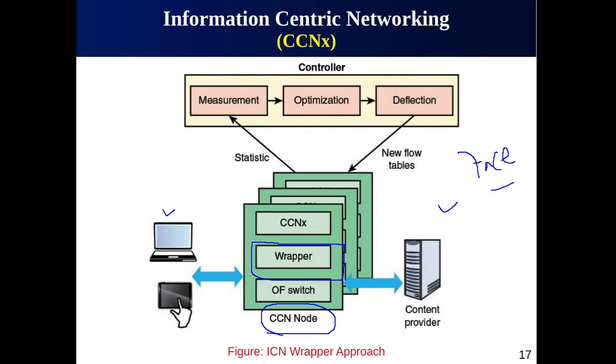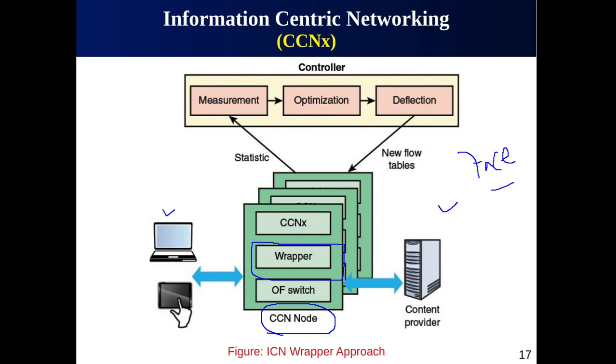So for that we have to modify the IP packet, especially the destination IP address must be updated. The ICN router actually forwards the packets based on the content name, and there is a field in the IP datagram, the IP packet, that needs to be modified.